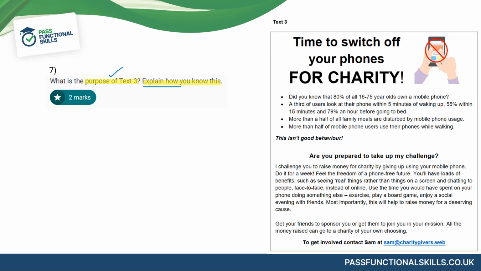Okay, so this text on the right hand side here is a persuasive text, and we know that for various reasons. So in the title or the heading straight away it says time to switch off your phones for charity. So we know straight away that they're wanting us to do something, switch off our phones for charity. So it's for a cause here. We've also got lots of persuasive devices in here.